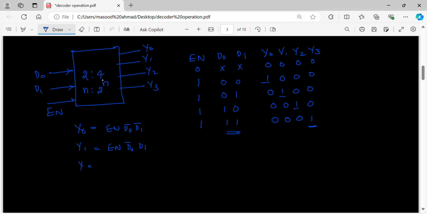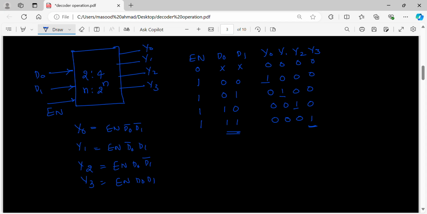The expression for Y2 is enable, D0, D1 bar. Y3 is nothing but enable, D0, D1.